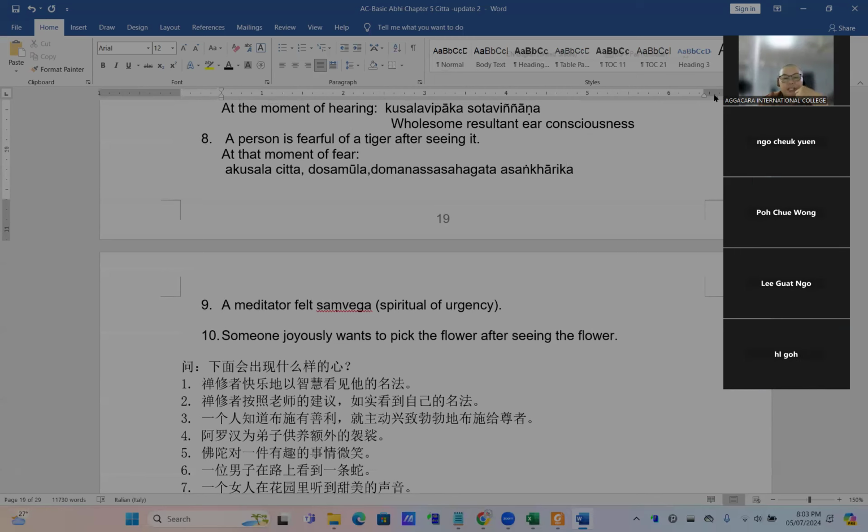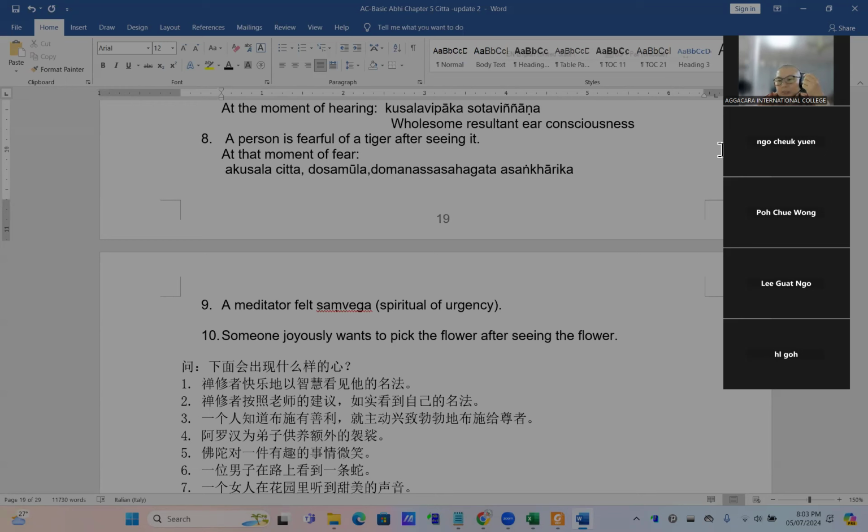The seeing process has already passed. Now we are talking about the moment of the mind contemplating the sight. So the fear comes because you already saw the tiger. Yes, you can say it is prompted also.